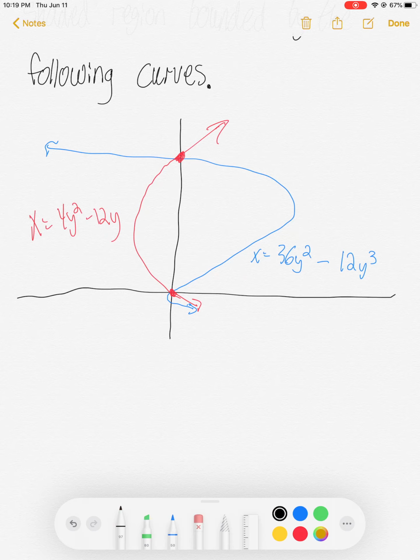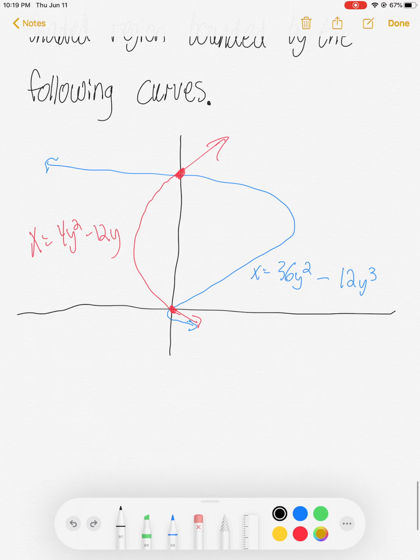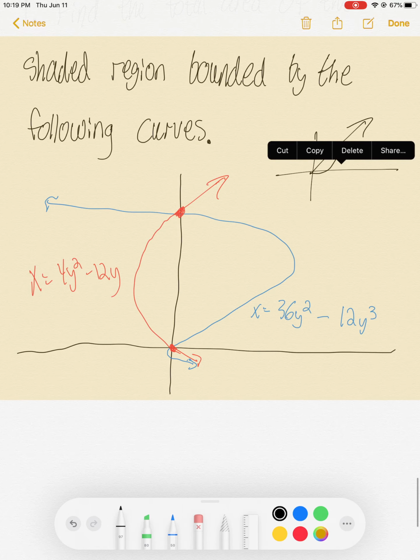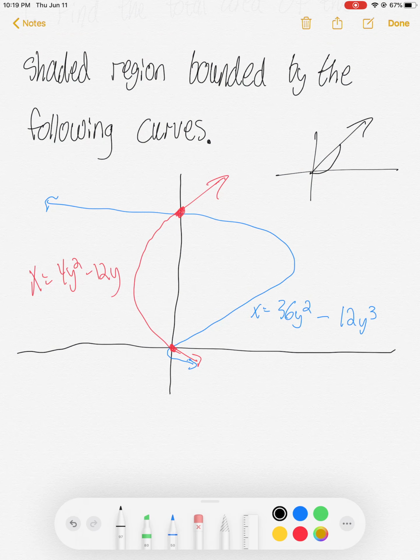I was going to say we could solve for y, but actually we couldn't in this case, because neither one of these is a function of x, which you can check with the vertical line test. So what we're going to do is imagine rotating the plane.